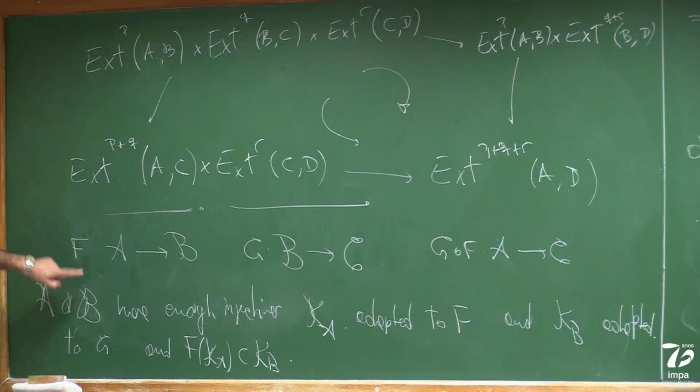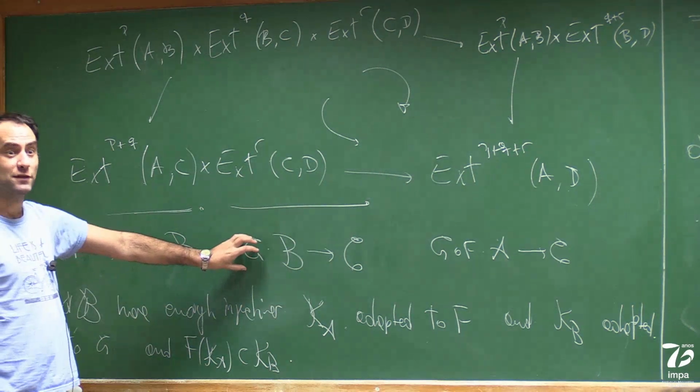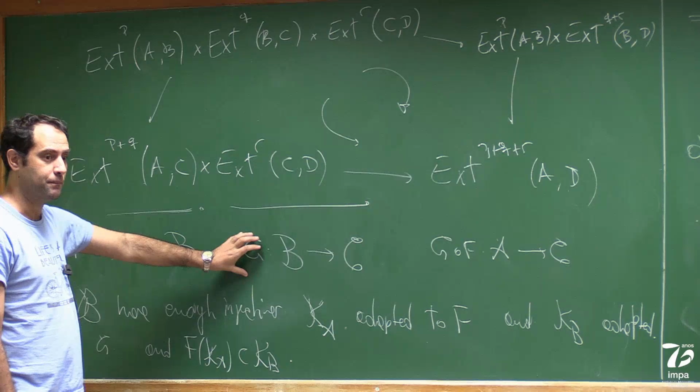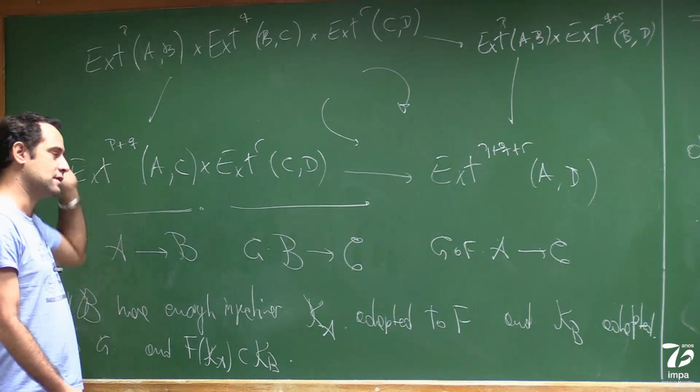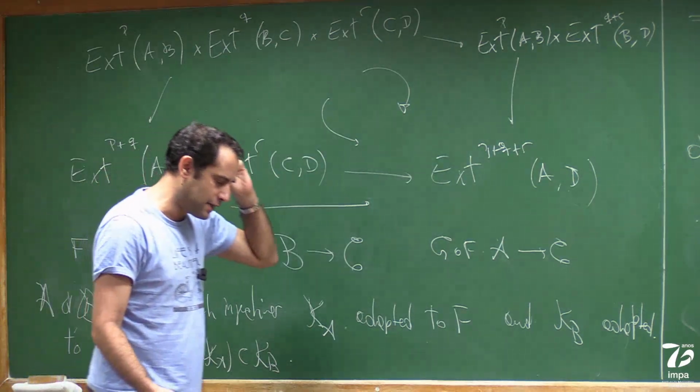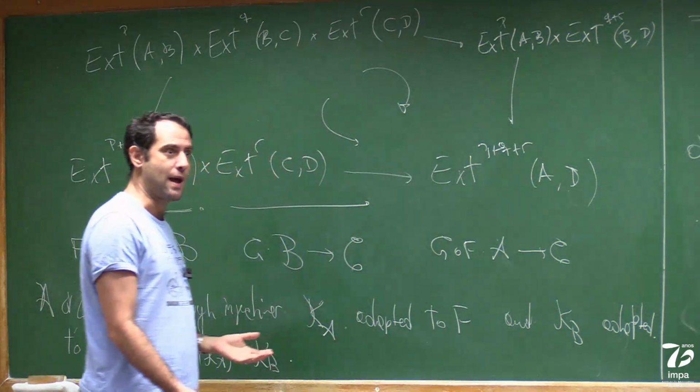So the typical situation where you would see these conditions is you take K_A to be injectives in A. That's adapted to any left exact functor. But now your functor F does not send injectives to injectives. That's very hard to check, typically. You need some sort of exactness condition, and we've checked this, that if F was adjoint to an exact functor, that would happen.